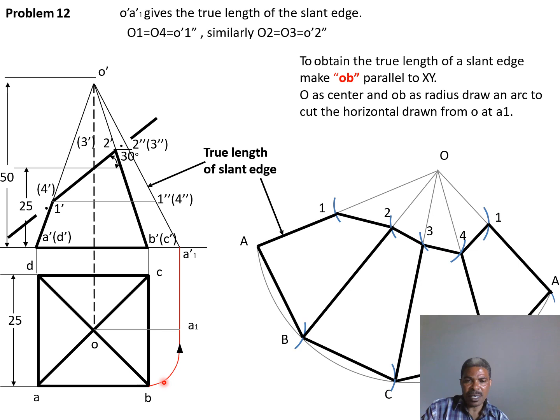And we have already elaborated on how one can obtain this true length of a slant edge, which we use to draw an arc, and from this arc we can indicate the respective height for each line, and then we can draw the object lines for each side or each part to indicate the development for the entire pyramid.